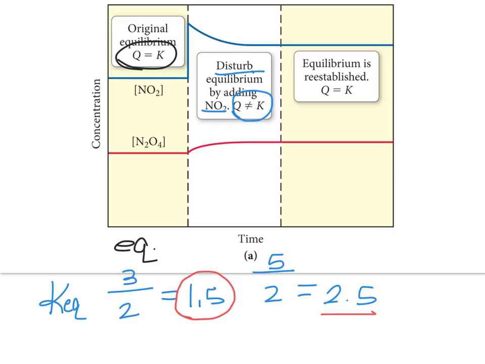So in this case, Q is greater than KEQ. So the equilibrium will shift back to making more of the reactant. And so now we would end up with some ratio again that is going to equal 1.5. So after equilibrium is established, Q and KEQ would be the same numerical value.